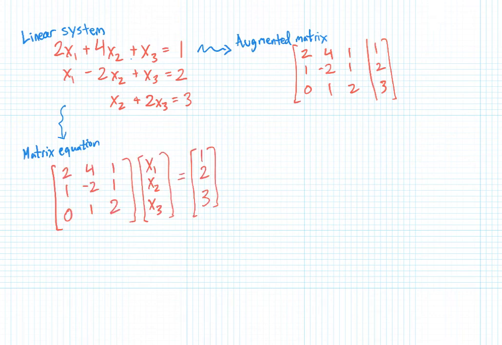And the value here is that we can package this in a really nice way. We can label this matrix A, and we can label the vector on the right-hand side B, and we get this really nice way of describing the linear system as an equation AX equals B.